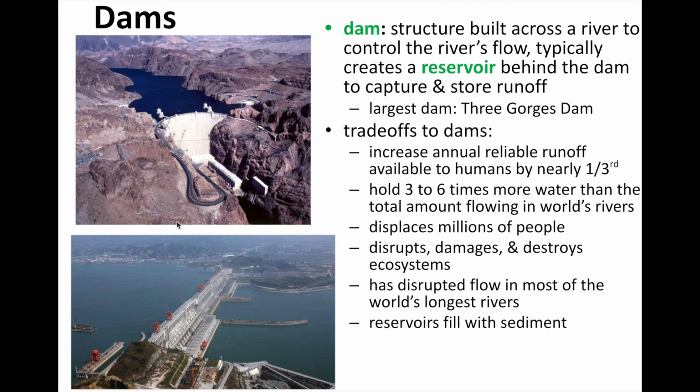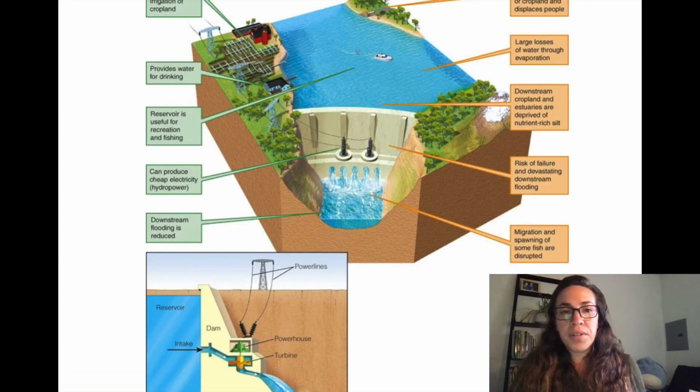It's going to disrupt the river ecosystem and disrupt the river flow. And what's happening on the top side of the dam is that the reservoir starts to fill up with sediment. Sediment that would normally be flowing downriver begins to build up. And so here we can look at a cross section of a dam and think about what's going on here. So positives, we're now providing reliable runoff access.